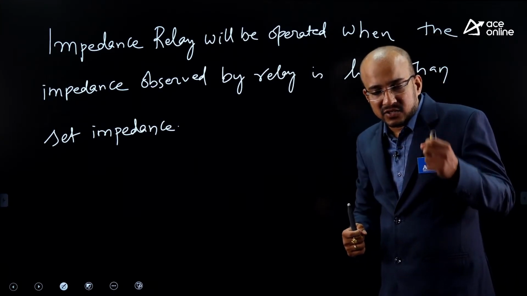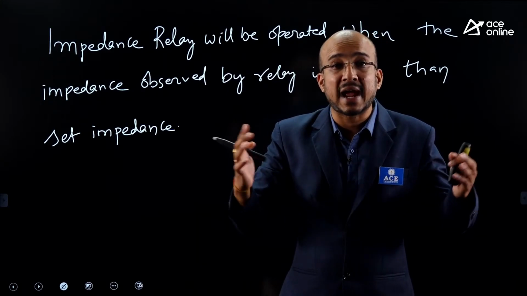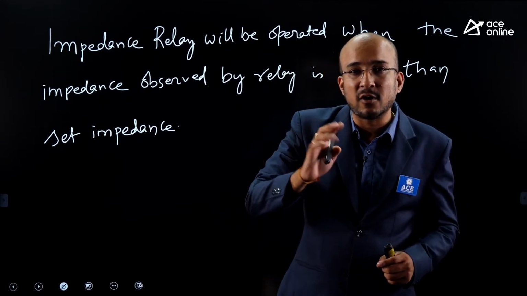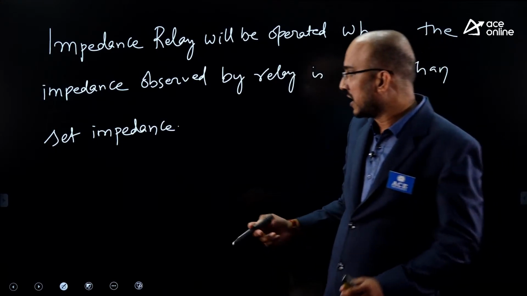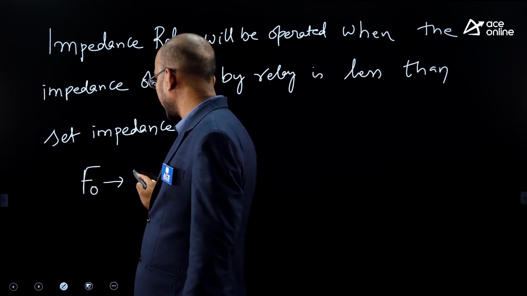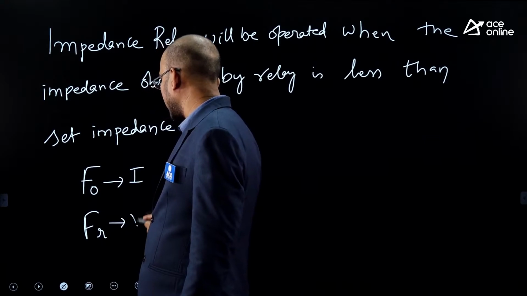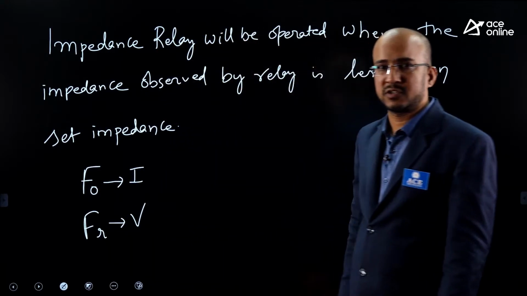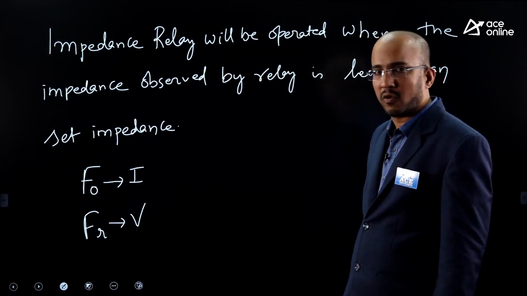Here in case of distance relays, I have said both operating force and restraining force will be developed by what? Electrical quantities itself, no? So here the operating force is due to current, and restraining force is due to voltage.